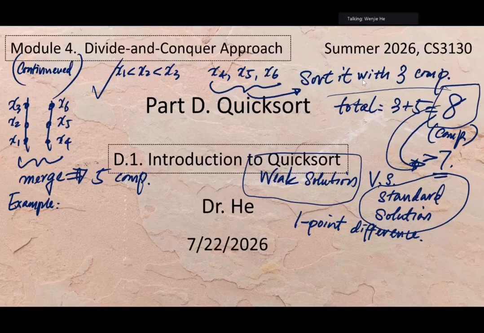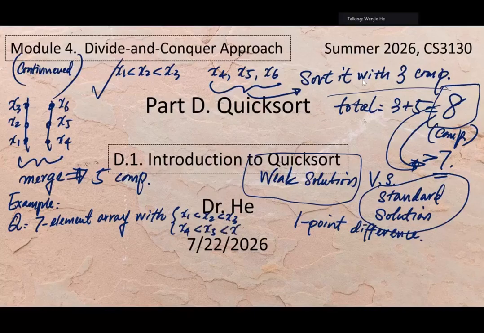A 7-element array, with information x1 less than x2 less than x3, and x4 less than x5 less than x6.